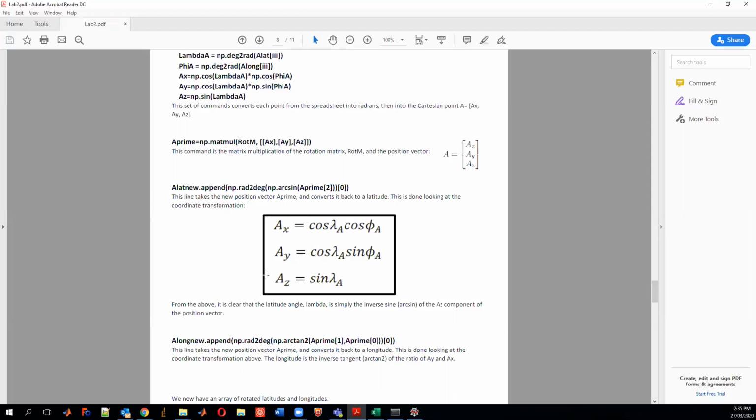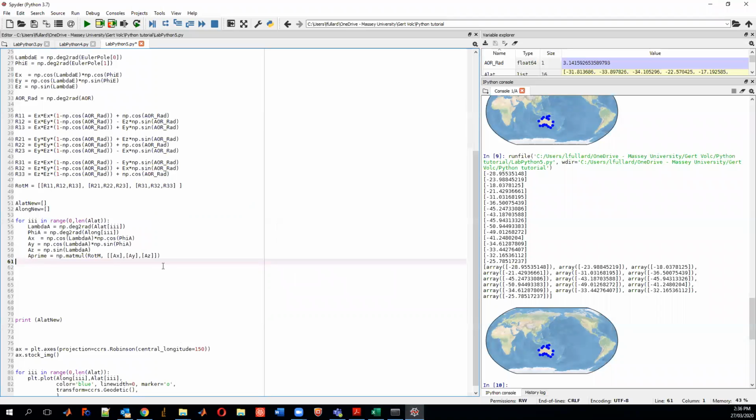It's reasonably easy to calculate the latitude. If the Z component of A is equal to the sine of the latitude, the angle in radians, then to get rid of this sine, we can take the inverse sine of both sides. So the inverse sine of AZ is equal to lambda A. Let's do that now.